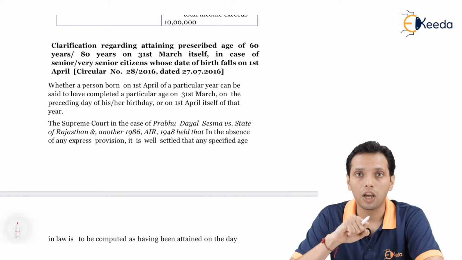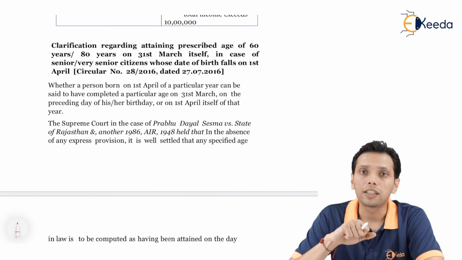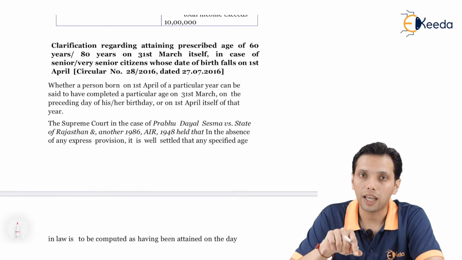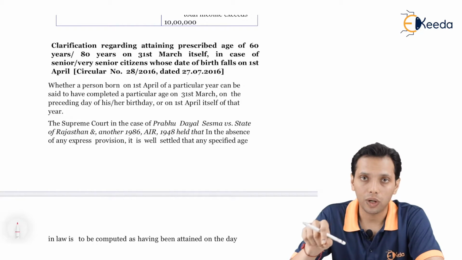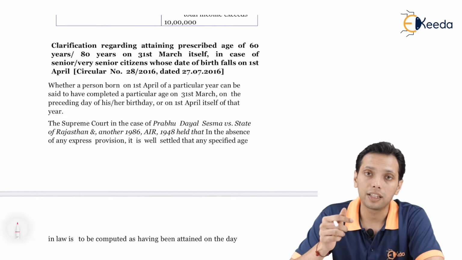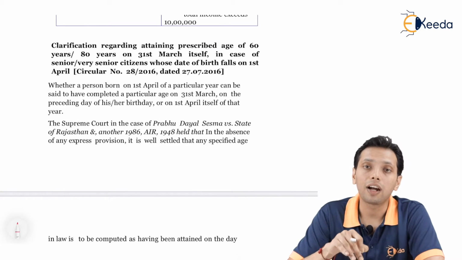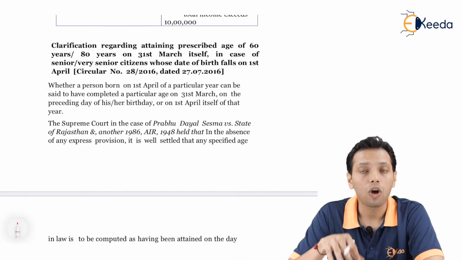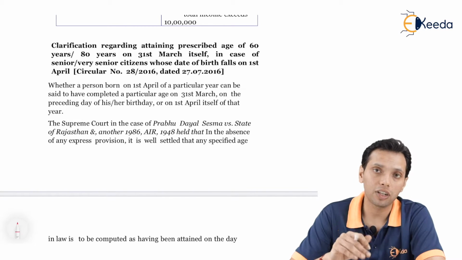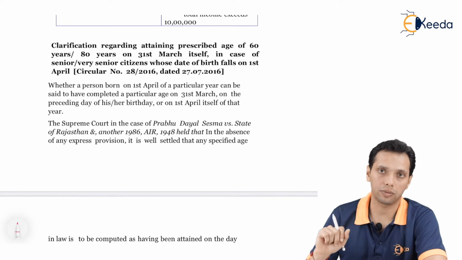In our case, the financial year is 19-20, and the date of birth comes at 1st of April 2020. So their date of birth will be counted as the preceding day, 31st March 2020, and they will attain the age of 60 years or more, or 80 years or more, from 31st March, and for the financial year 19-20 they will be treated as senior citizen or super senior citizen.